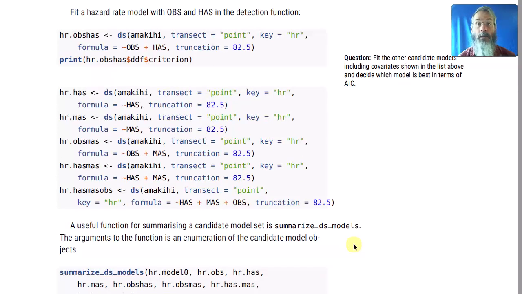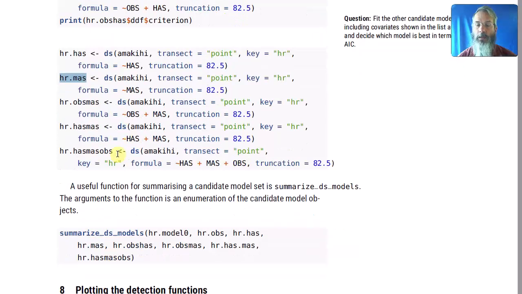Once we've fitted many different models to our data, we end up with many model objects. We'd like to be able to summarize all of those model objects together to come to some sort of a conclusion about the most appropriate of those candidate models for the data that we've presented it.